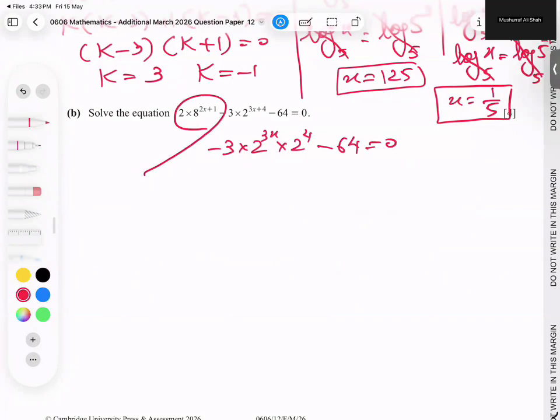Same here, I can say 2 into 8 to the power. Basically, 8 I can write as 2 to the power 3 inside, and outside we have 2x plus 1. Or I can first split easily: 2 into 8 to the power 2x alone and 8 to the power 1. 8 to the 16. So I can do it separately. And here, 2 to the power 3, on top I have 2x. So this is 2, 16, 3 is 48.